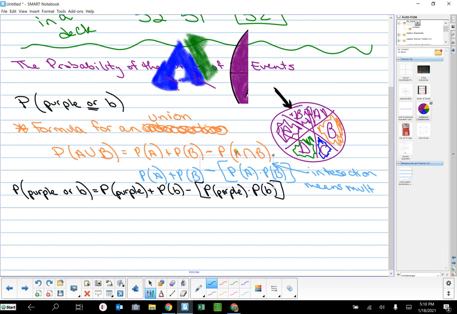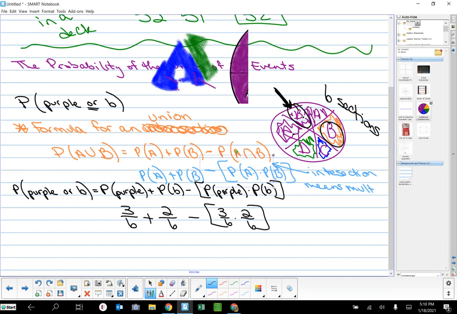All right, well, let's take a look. The probability of it being purple, there's 6 sections, is 1, 2, 3 out of 6. The probability of it being a B, there's 2 of them. And then we're going to subtract off 3/6 times 2/6.